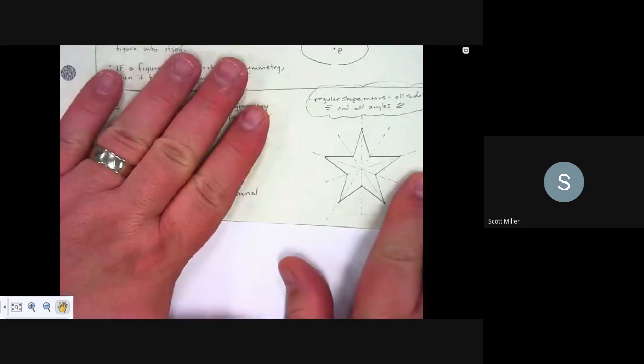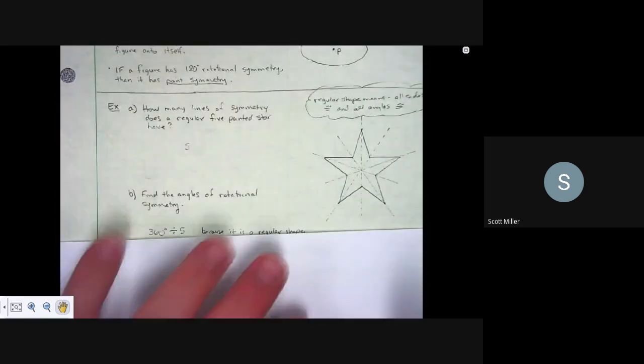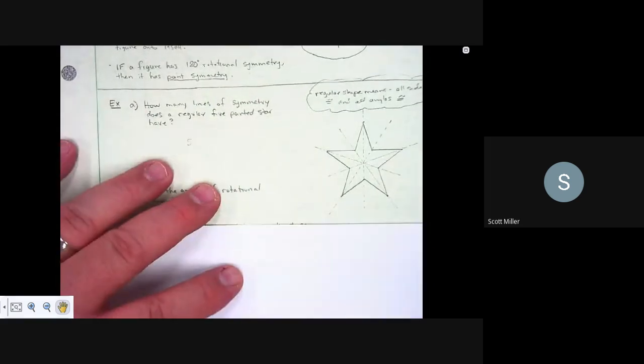Now, the next one is rotational symmetry. Does this shape have rotational symmetry? What are the angles of rotational symmetry? Imagine a coordinate system right here, and I have a star on it.